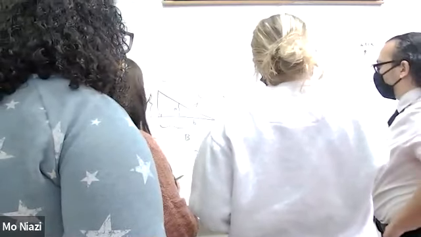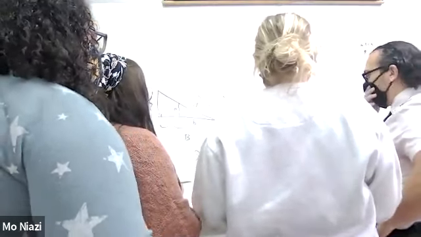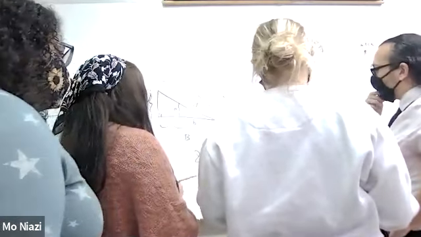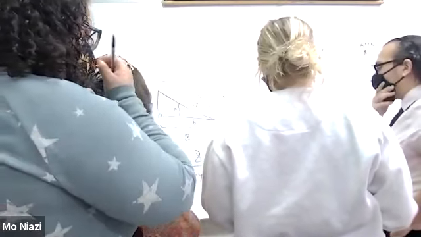Okay, so if you have 2 triangles, then it's 8, then it would be 16. So you set it up as a proportion.